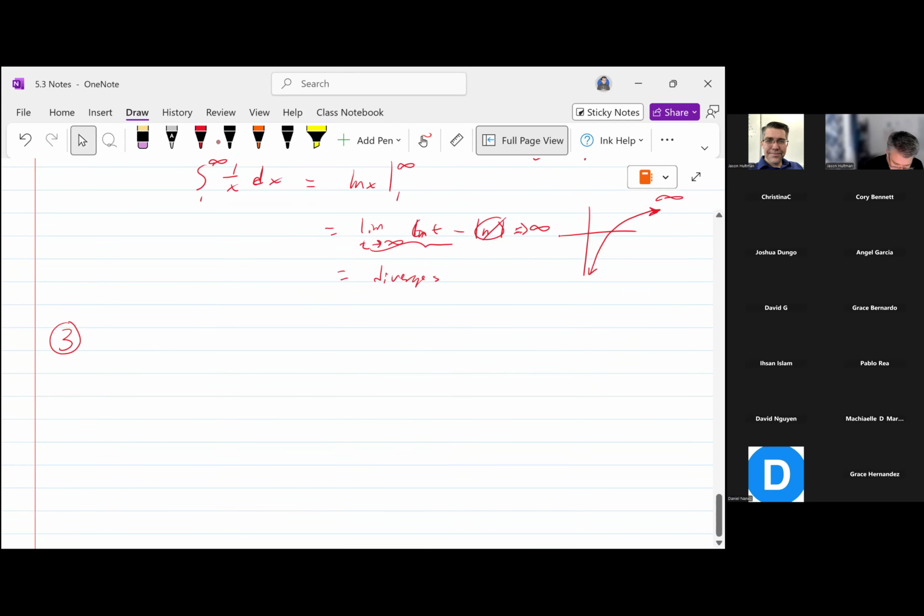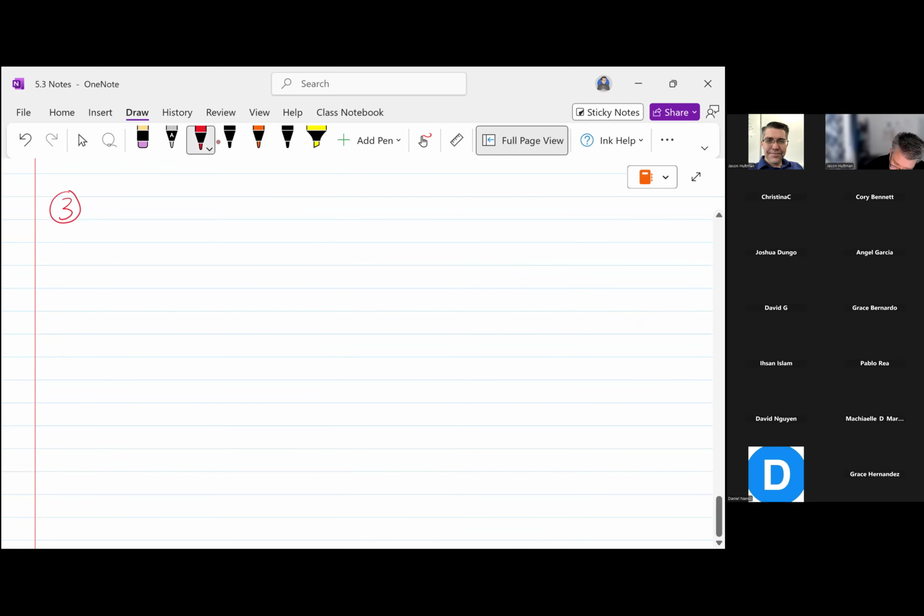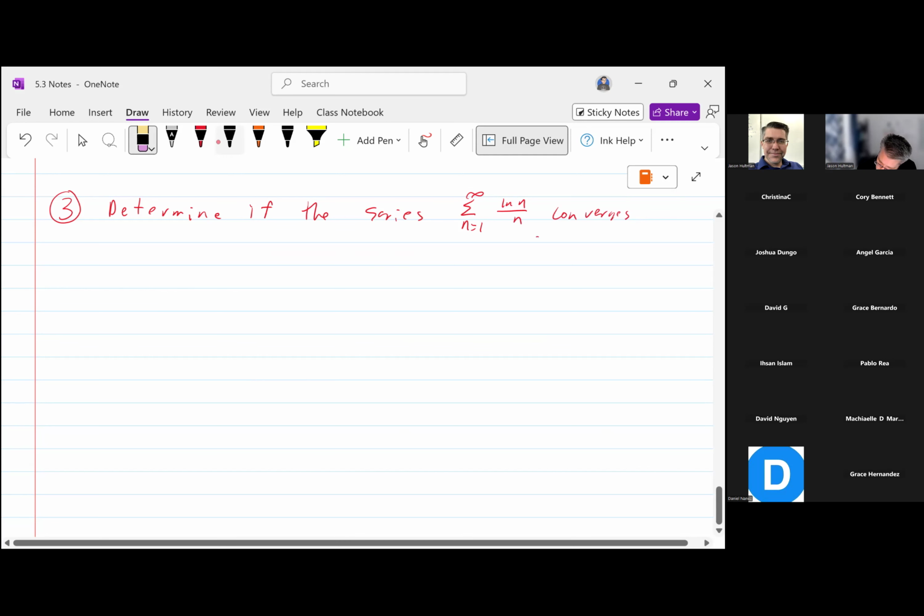Number 3. Determine if the series, summation n equals 1 to infinity of the natural log of n over n converges or diverges.